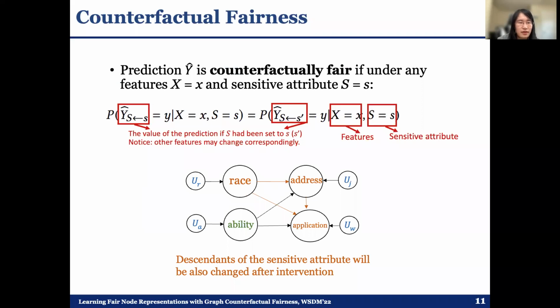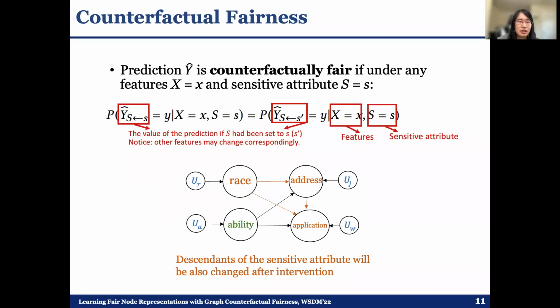We just intervene on it and set it to different values, but in this process, some other variables may also be correspondingly changed due to the causal relations. Like when we change the race information of a specific individual, his or her address or job application results may also be influenced correspondingly.